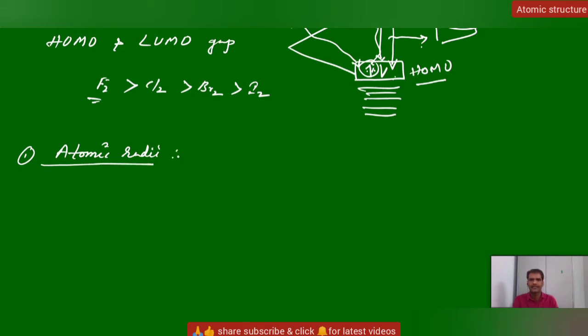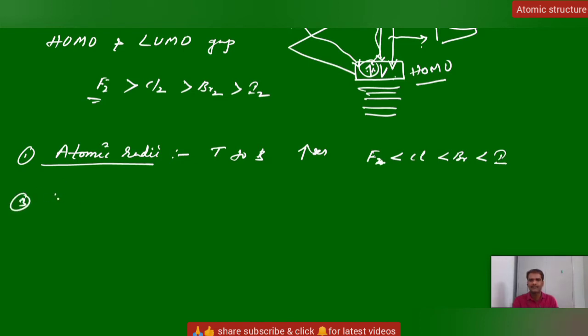Now tell me, atomic radii top to bottom, generally in all groups it increases, except the 13th group. Top to bottom, atomic radii increases from fluorine to tennessine. But mainly we will take the first four: fluorine, chlorine, bromine and iodine.